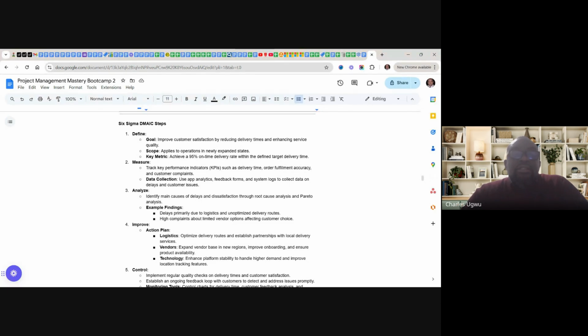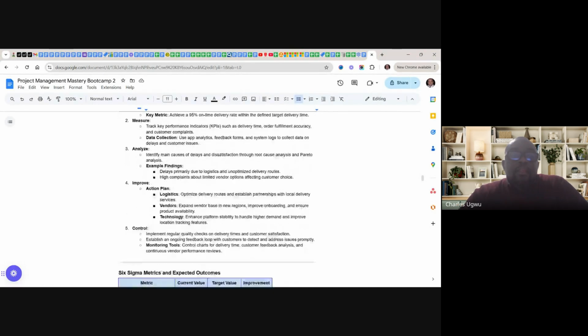And after capturing that, we do the analysis, identify main causes of delays, dissatisfaction through root cause analysis and Pareto analysis, and then examples of finding. Delay is primarily due to logistics and unoptimized delivery routes. High complaint about limited vendor option affecting customer choice.